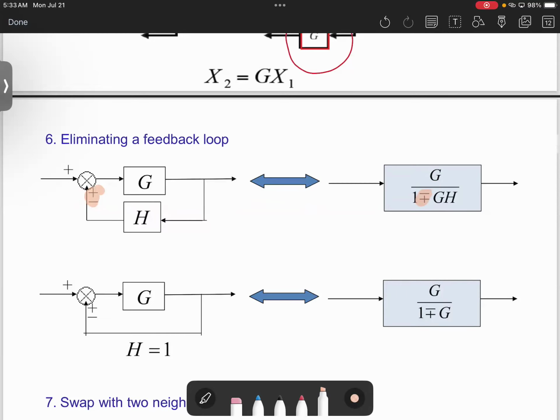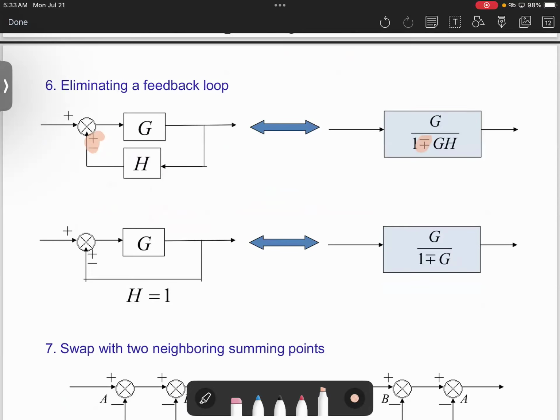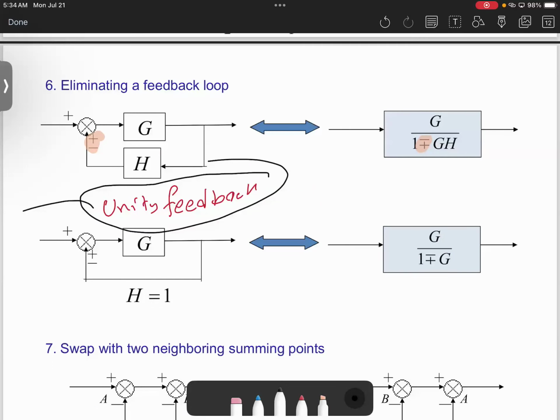This one, the second one, there is no feedback, or it's actually unity feedback. And this is very important. We will use the unity feedback information maybe next week or the week after next week. If it is unity feedback, we will treat it as something special.